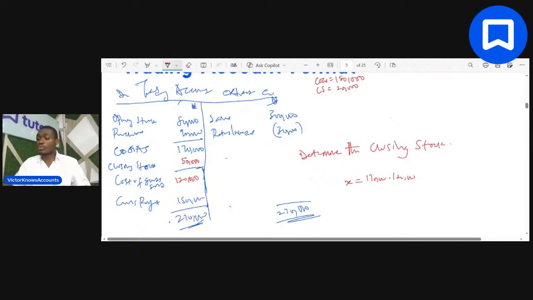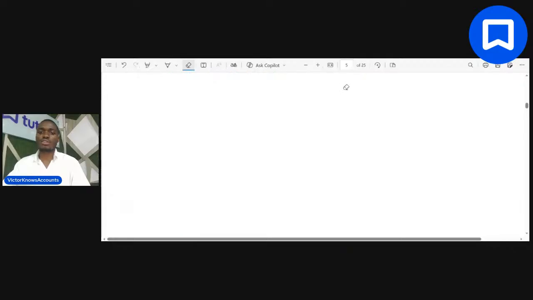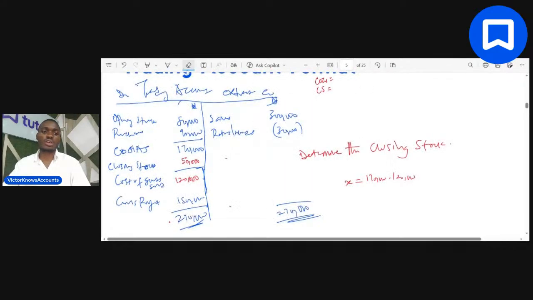If you want to do it, let me convert it to mathematics for you. Let cost of goods sold be X. You have proved that these answers are not correct. There was a mistake on Kumi's part.